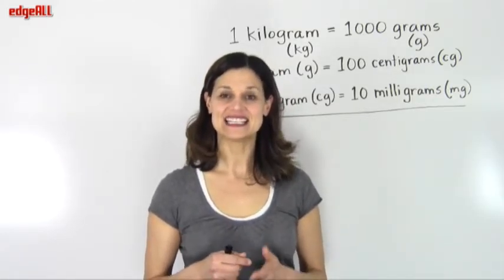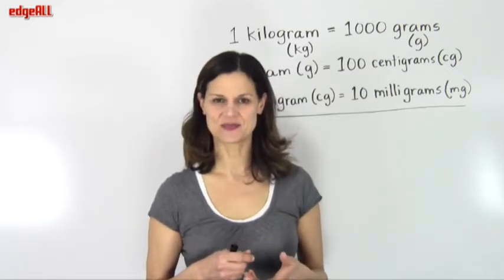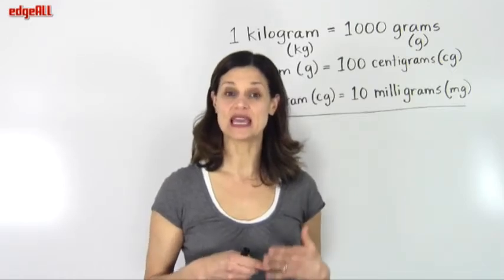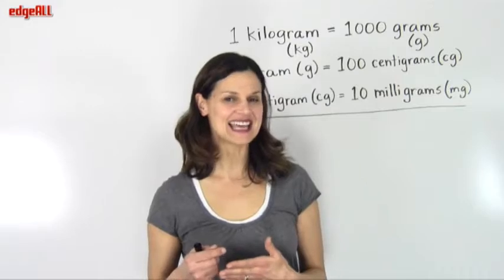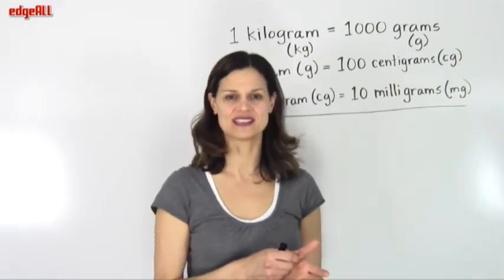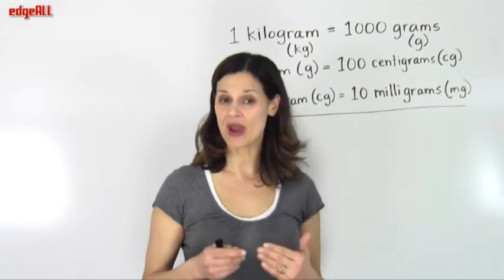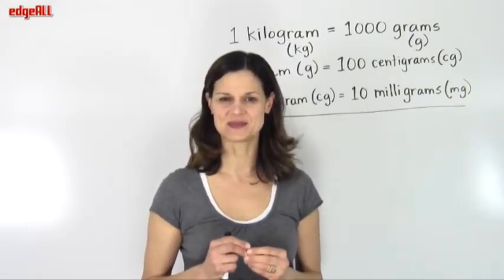Let's take a second to understand why we measure in mixed units. We measure in mixed units because the weight of the book is more than 100 grams, but less than 101 grams. So to find the correct weight, we need to measure it in grams and the smaller unit of centigrams.